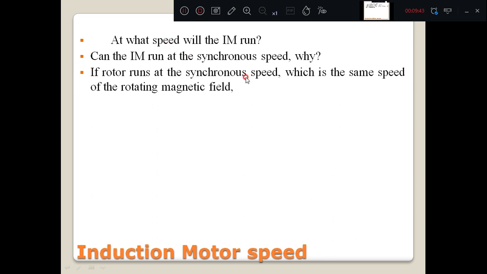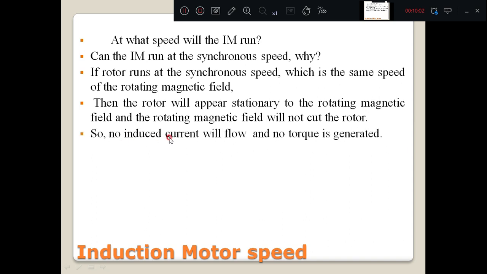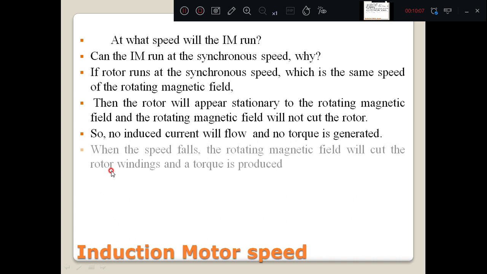If the rotor runs at the synchronous speed, which is the same speed as the rotating magnetic field, then the rotor will appear stationary to the rotating magnetic field, and the rotating magnetic field will not cut the rotor. Therefore, no induced current will flow and no torque is generated. When the rotor speed falls, there is relative motion between the rotating magnetic field and the rotor, then there is an induced voltage, a current, and a torque is produced.